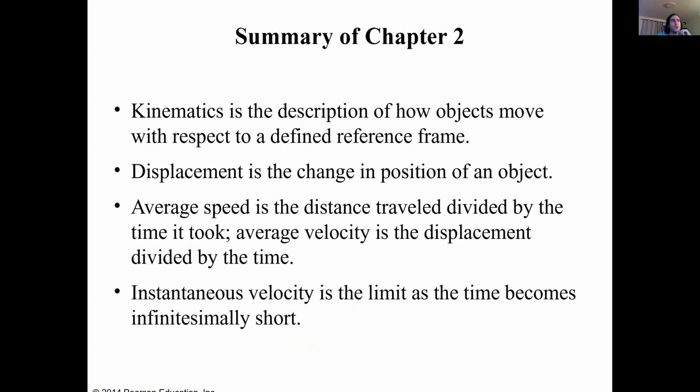If you have a more curvy line, then you may not be able to compute the slope of that region of the graph that you're interested in, and so you need calculus for that. That's a calculus topic, computing the slope of a curve at a point. It's called a tangent line, if you want to look into that.